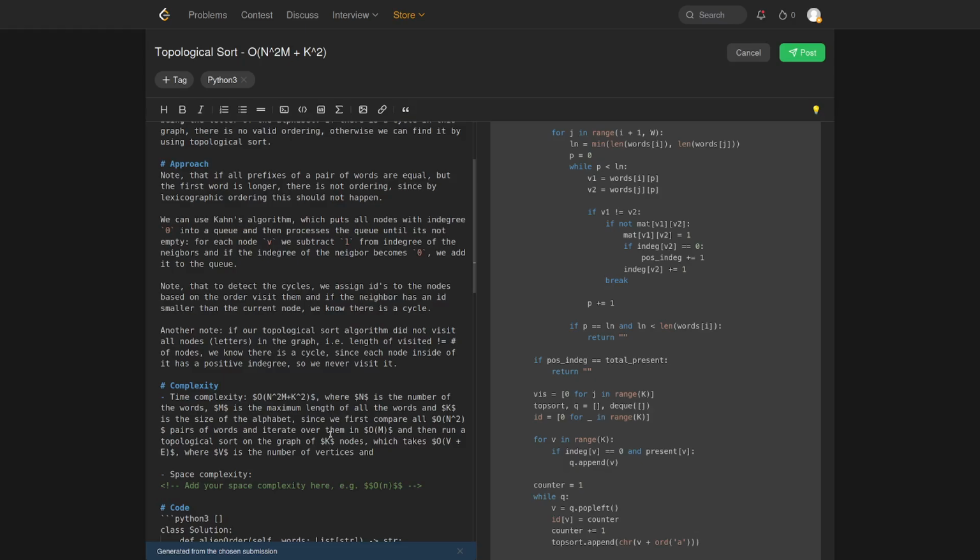Where e is the number of edges of the graph, which is O k squared in our case, in the worst case.